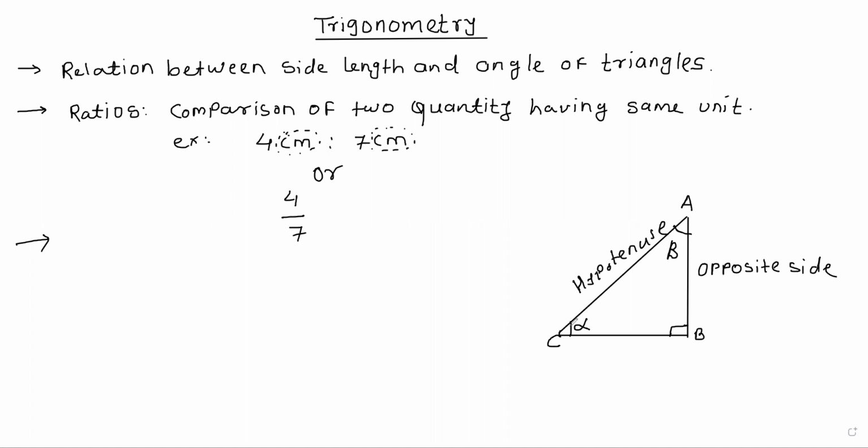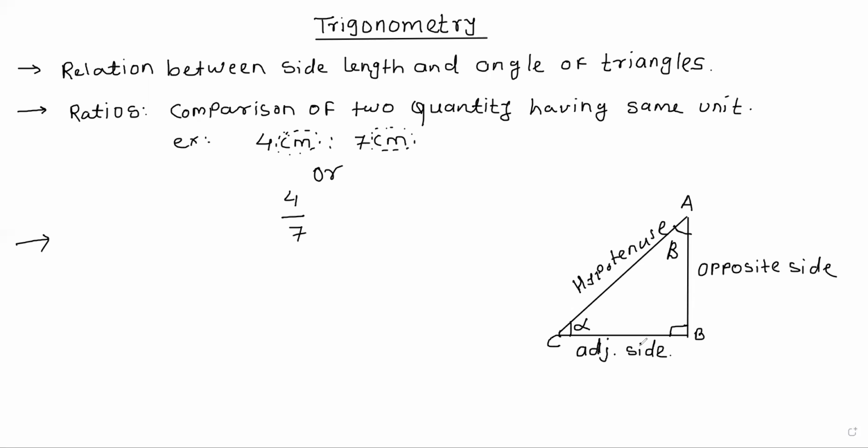The side in front of alpha is the opposite side with respect to alpha. Next, this is the adjacent side because it is adjacent to the angle which we have considered.